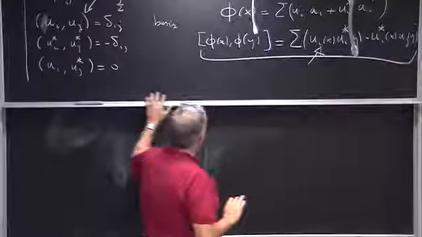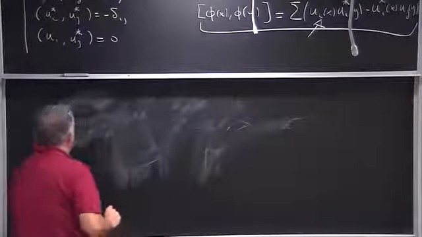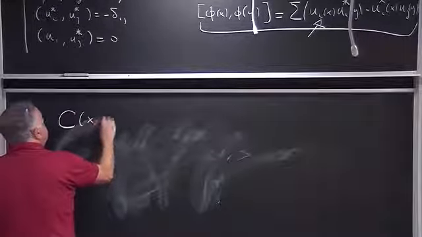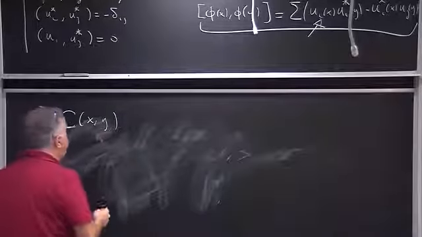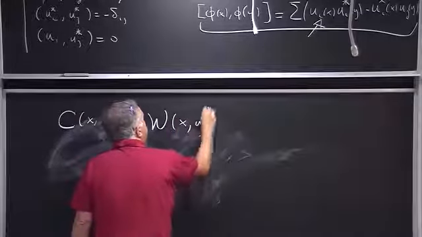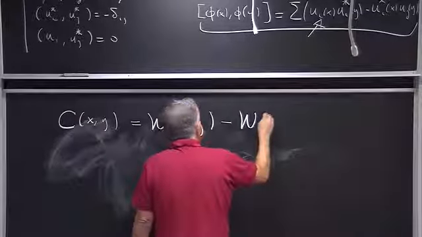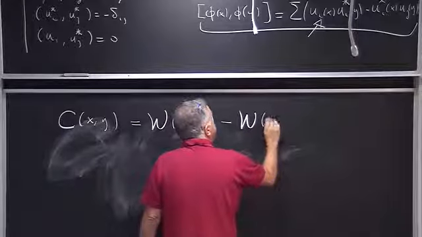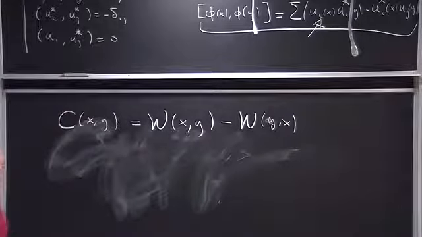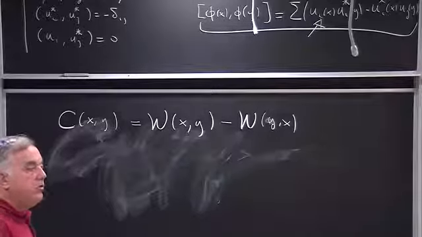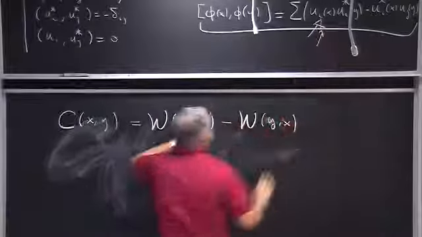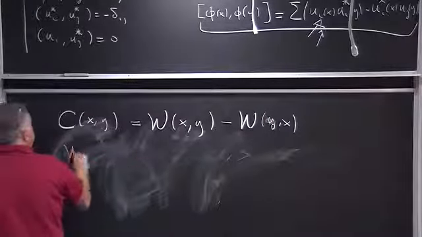And then you remember that we said that quantizing the theory means representing it in a Hilbert space, which is equivalent to finding a positive definite two-point function satisfying this functional equation. It's a non-differential equation. And if you look at the structure of the commutator, there is an obvious solution at hand, which is this.